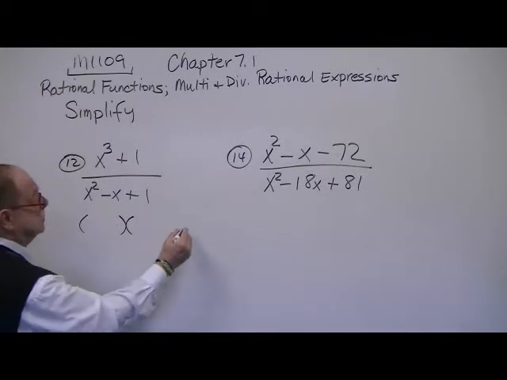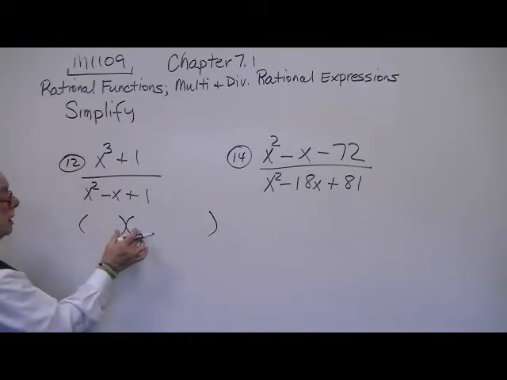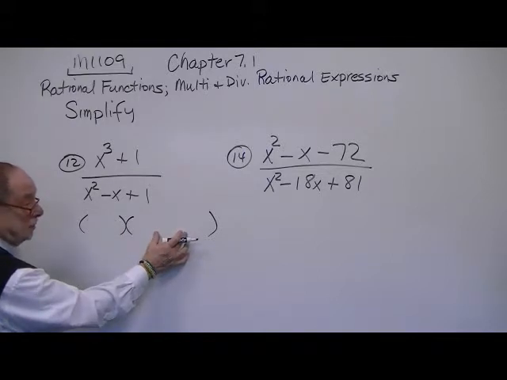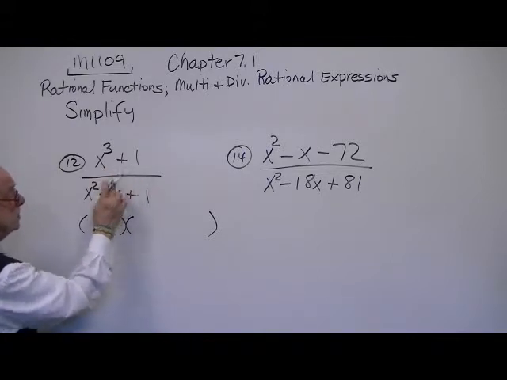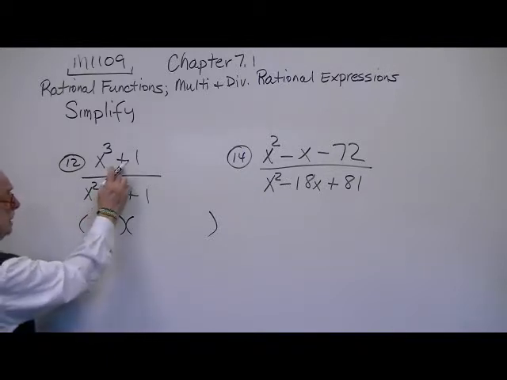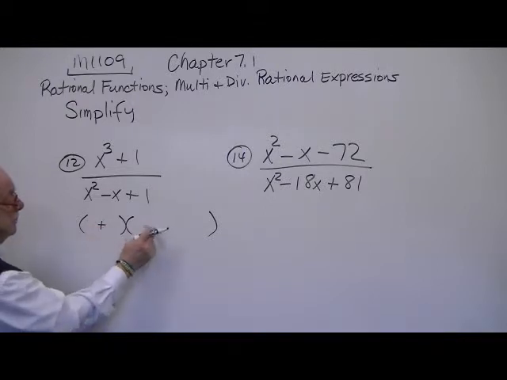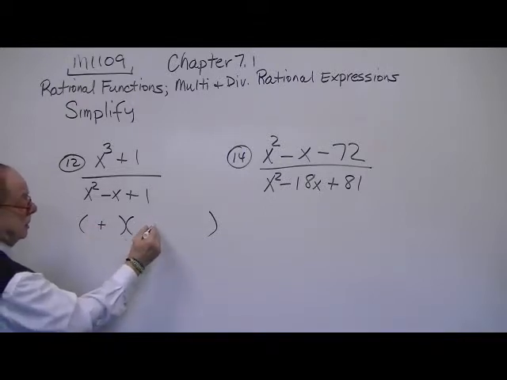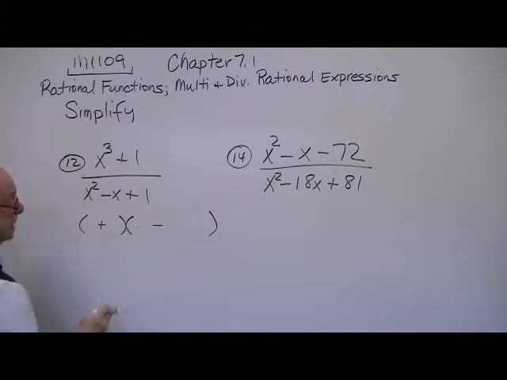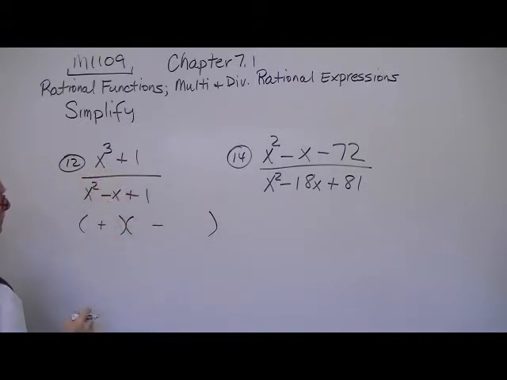The answer is you put parentheses for 2 terms, parentheses for 3 terms. We're going to factor the sum of perfect cubes. The rule is we take this sign and put it there. Then for the middle term, we have opposite signs. Now we take the cube root of each of these.